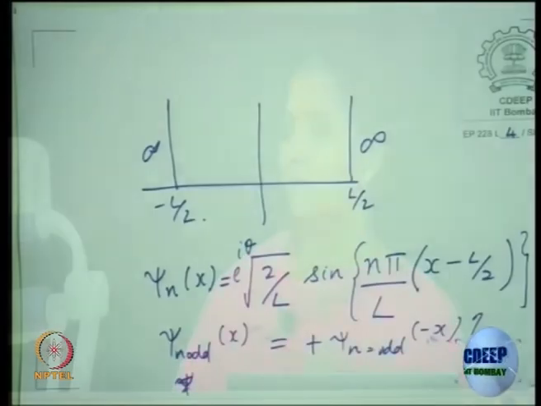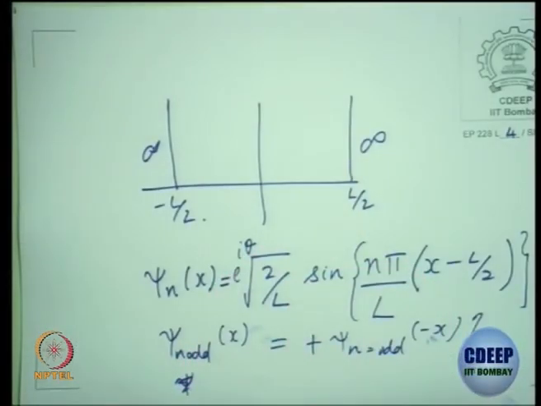So, it is a little higher energy once you have a node at the origin, but if you do not have a node at the origin, then the lowest energy solution should not have a node so that it has the lowest energy. That is why the lowest energy solutions are always even wave functions. And I have proved it for you for the particle in a box. You have already seen by explicit solution that the ground state wave function is an even function, right?